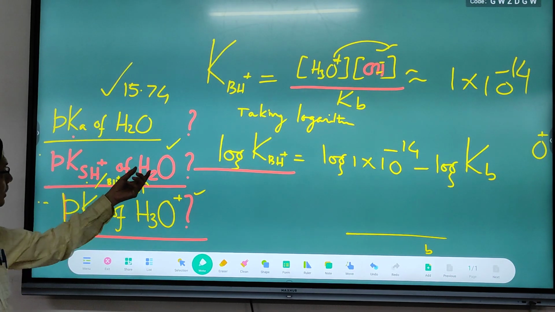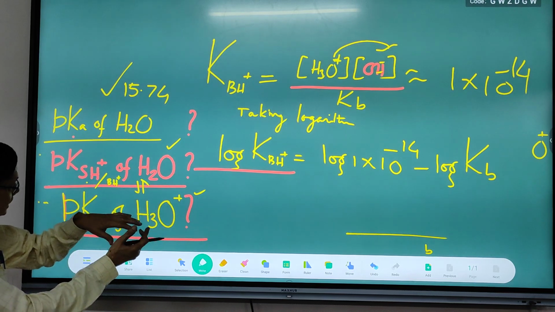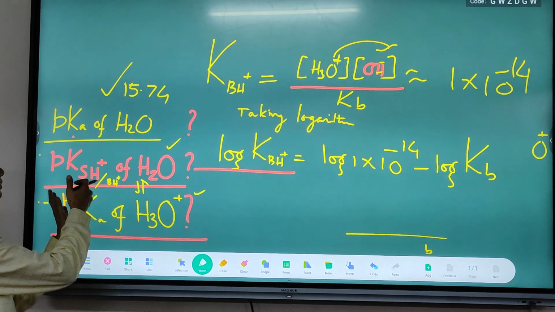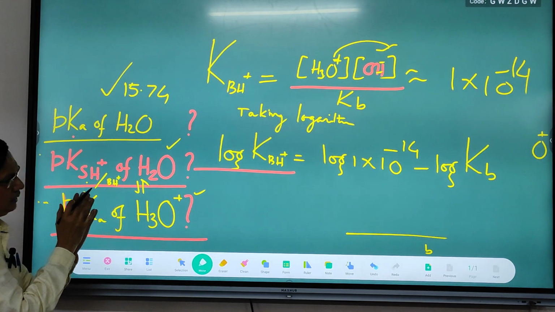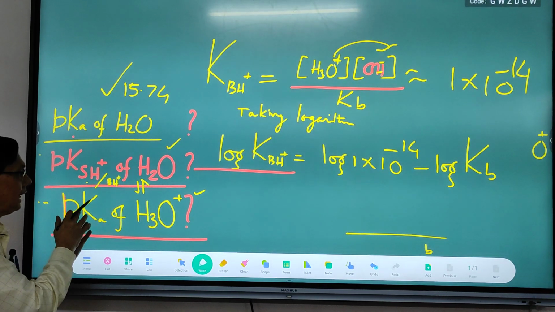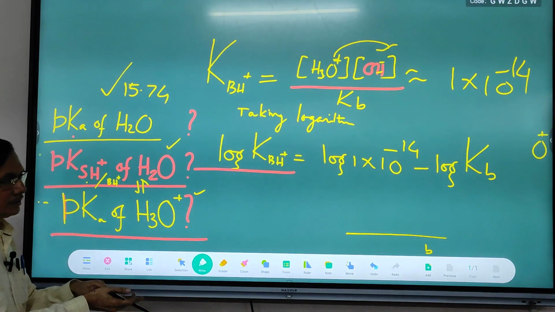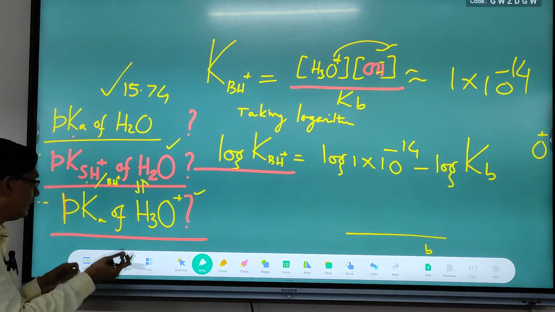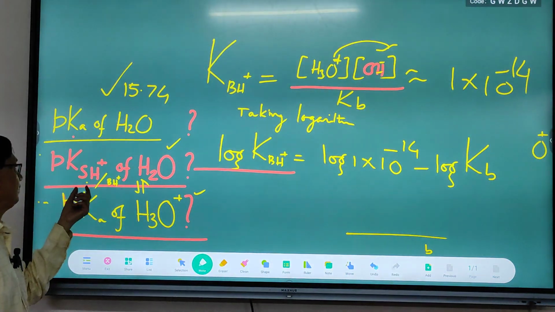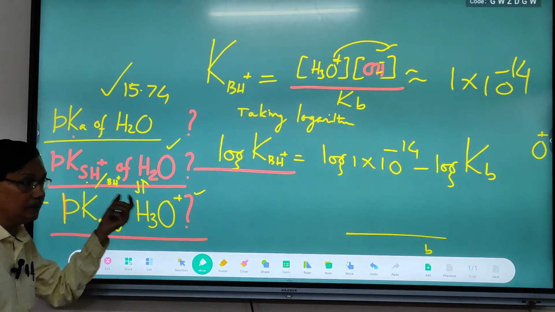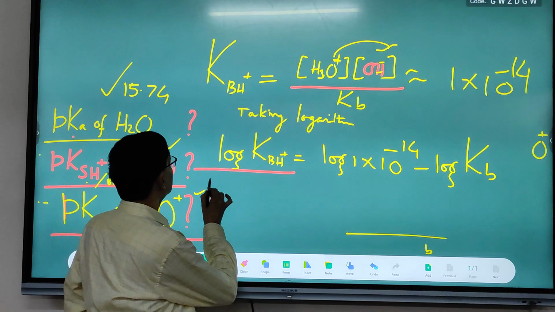Either I am using water and it determines its pKSH of the conjugate base, or like pK of, just now you understand, the aniline and anilinium ion. So when I am talking about the anilinium ion, I will write pK of the anilinium ion, or I will write the pKSH of aniline. So same thing.